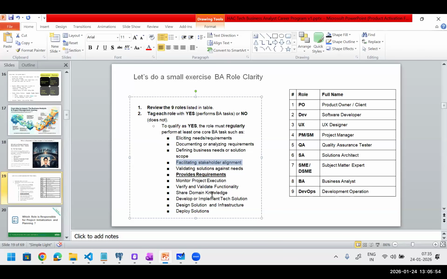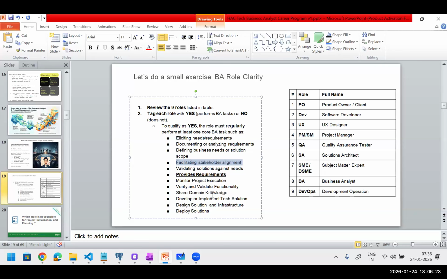If it is a requirements meeting, if you want to elicit needs or requirements, you can also schedule meetings. It's not necessary that only the PM does. But if you need to reach a set of people who are not directly accessible by BAs, then yes, we can take the help of the PM.